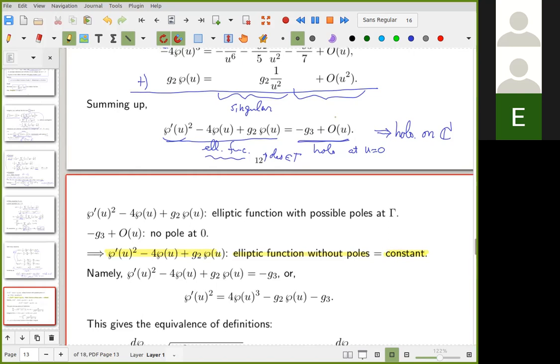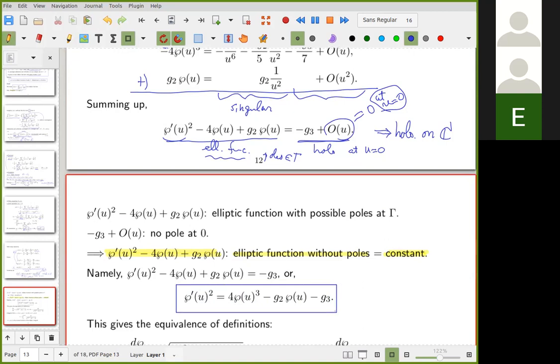Well, this part vanishes at 0, so the constant is equal to minus G3. Namely, we obtained such an equation.